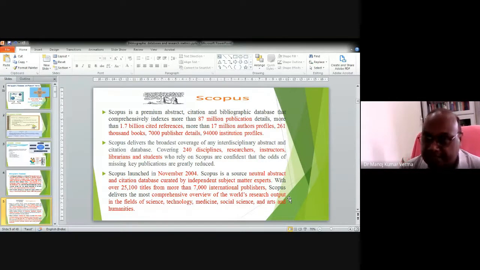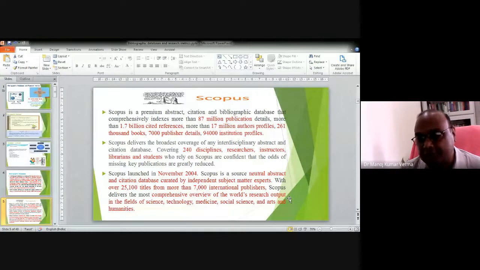In simple terms, we can say Scopus is the biggest database. If you see 87 million publications and 1.7 billion cited references, that is the coverage. Scopus launched in November 2004.